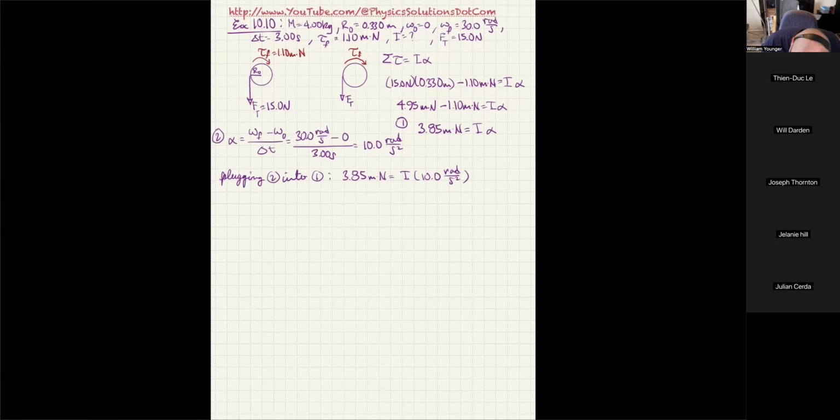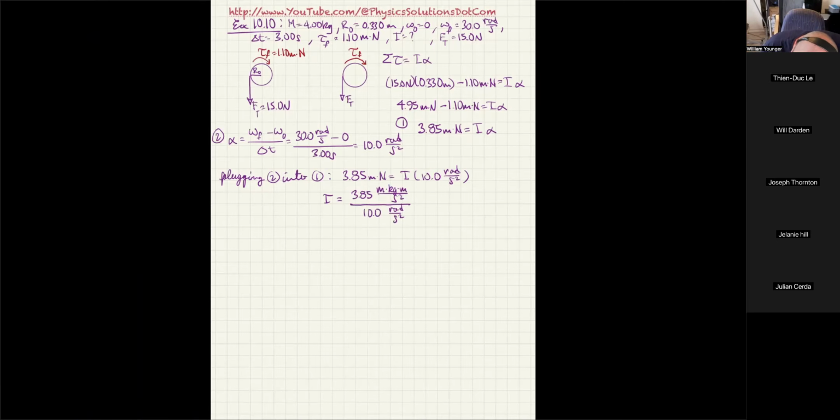So I can now find out that clearly I is equal to 3.85. Now I'm going to break these units apart. I've got a meter, and then a newton is a kilogram meter per second squared. So that's what the meter newton becomes, meter squared times kilogram over second squared. And then I'm going to divide that by 10.0 radians per second per second.